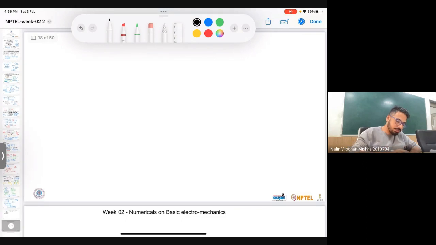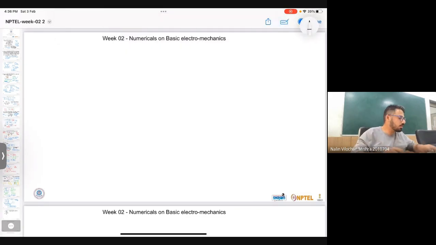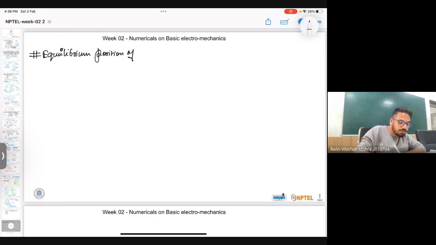Now we will move to another module, which is basically calculating the equilibrium position of an electrostatic actuator under bias.